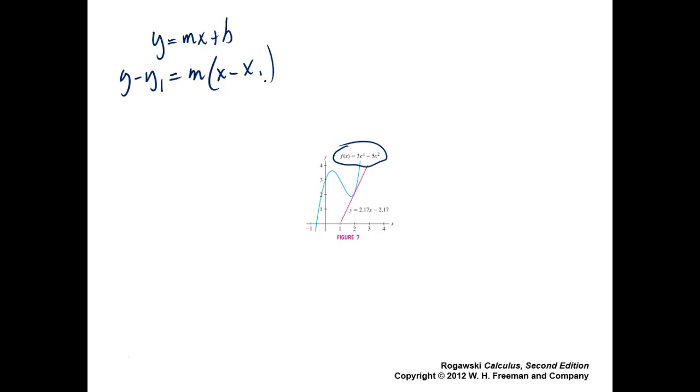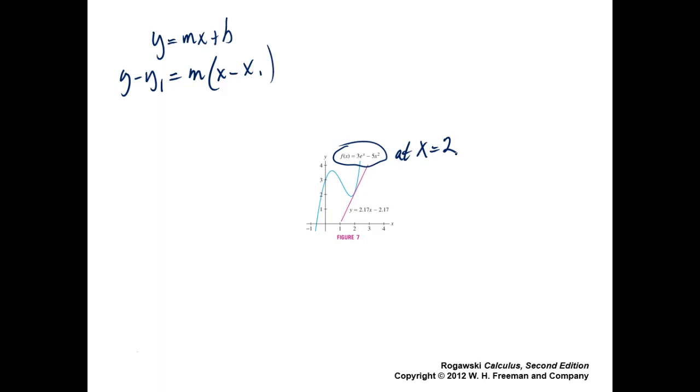Very good. So here's your function. They say, find the tangent line to the graph at x equals 2. That's our problem. You've got two things to do. Find the point and find the slope.